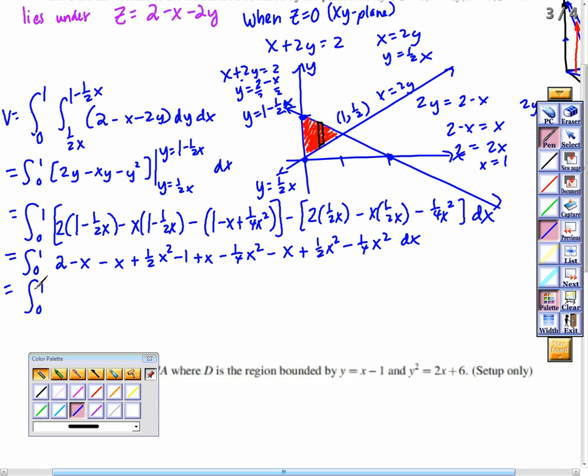Yuck. Oh, some x's will cancel, huh? This one's going to cancel with this one, and we're still left with -2. One half. Can I cancel the x squareds? Yes, this one and this one can cancel with that one. That's about all. 2 minus 1 is 1. So 1 minus 2x plus 1 half x squared.